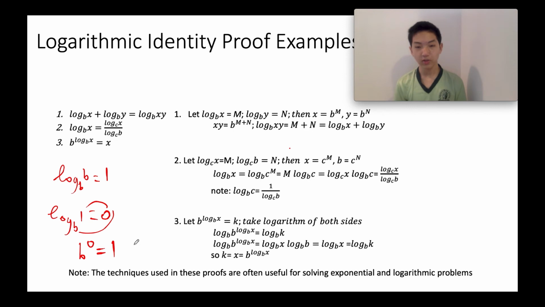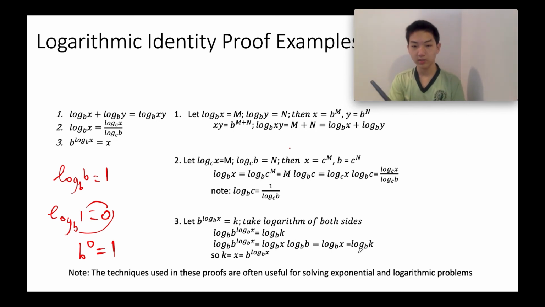So we know that log base b of b is equal to 1, and so then this expression would be equal to log base b of x, which is equal to log base b of k, because, well, that's just the right side of this equation.